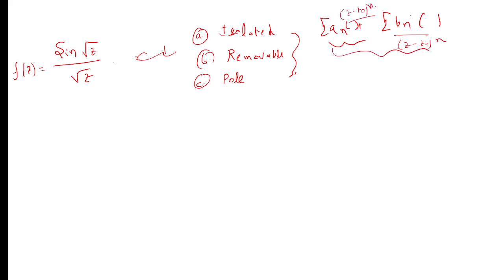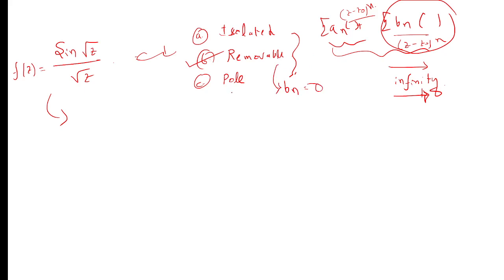That's the expansion. I'm not going to discuss concepts here because that's not the target of this video. Obviously, I'm going to do the concepts in my future videos if I can, but my motive is just to discuss the questions so that it helps future aspirants. So this is removable: the bn is 0.